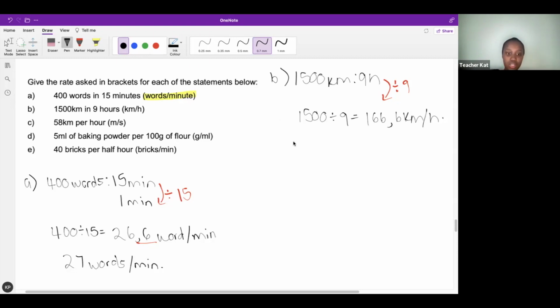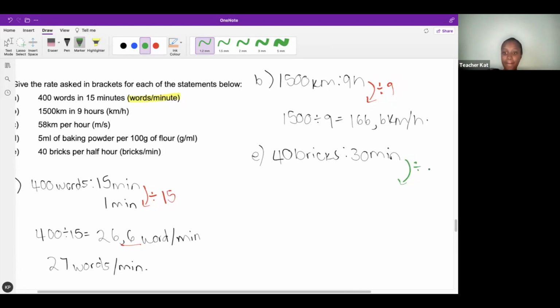Okay, let's do E and then we can call it a day. It says 40 bricks per half hour. So per 30 minutes. Now I want to know for 1 minute. So what am I dividing both sides by? By 30, right?